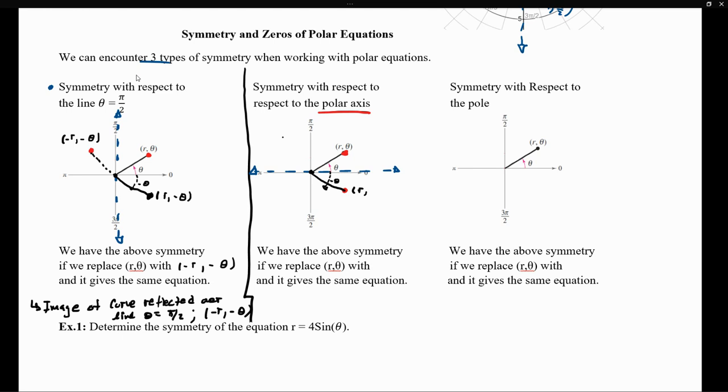The only thing that changes is that now, instead of calling it positive theta, I want to call it negative theta. And this is pretty much going to be the image of any point that is reflected over the polar axis. So we have the above symmetry if we replace r comma theta with r comma negative theta. So any point that is reflected over the polar axis, the image is always going to be defined as r comma negative theta.